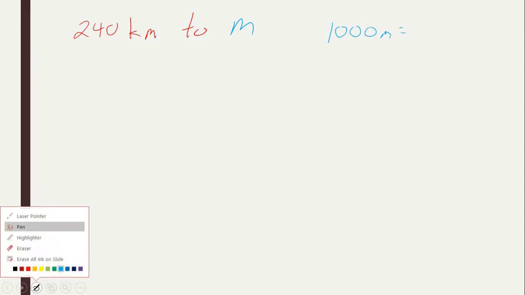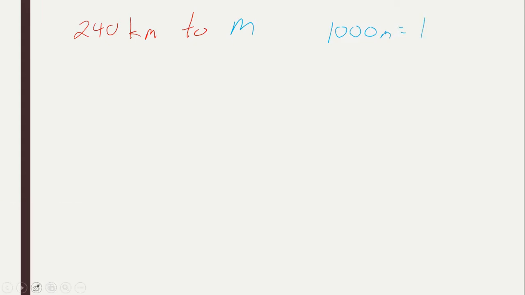All right, so if we were going to do something like 240 kilometers to meters, you would look back on that list and see that it takes 1,000 meters to equal 1 kilometer.